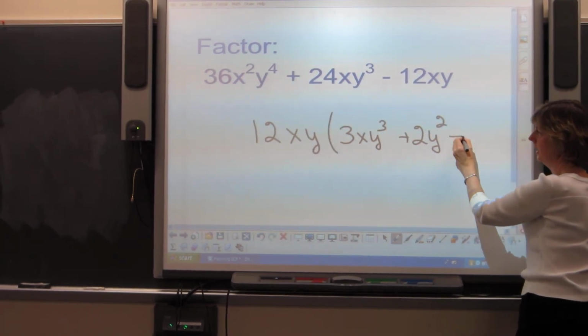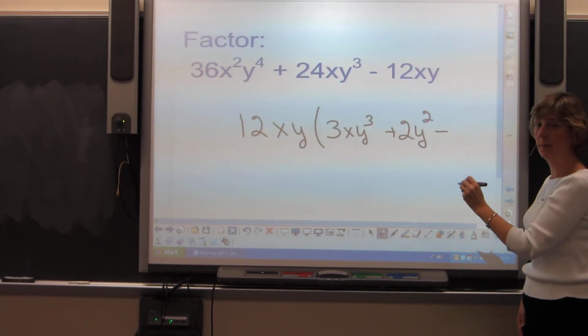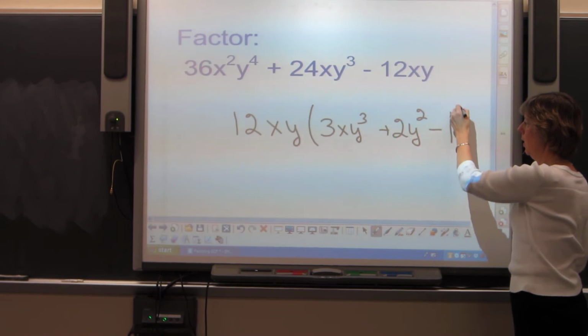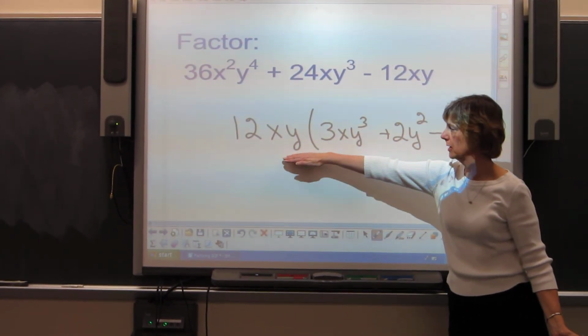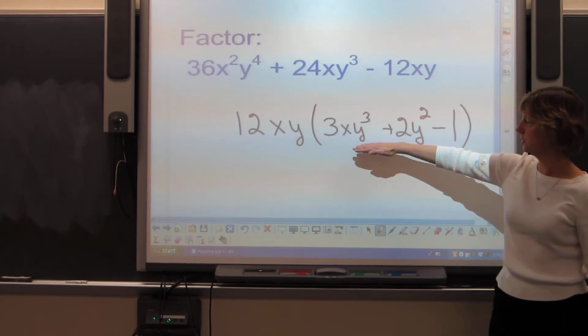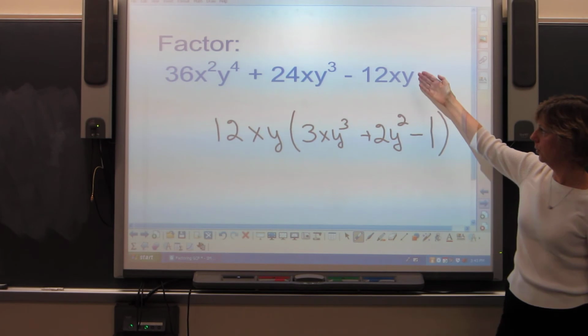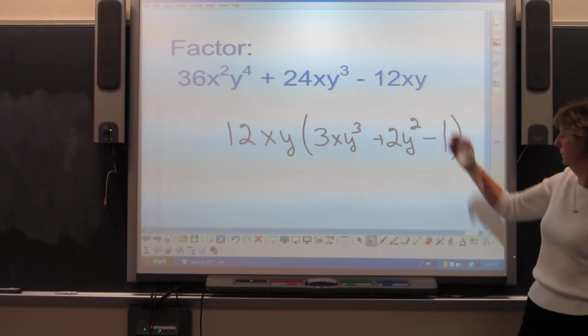And then I need a minus. You might think I don't need anything there since I have a 12xy, but remember, we have to be able to multiply it back in. So I need to put a 1 there as a placeholder. If I take 12xy times 3xy cubed plus 2y squared minus 1, it would yield what I started with, and that's always our goal.